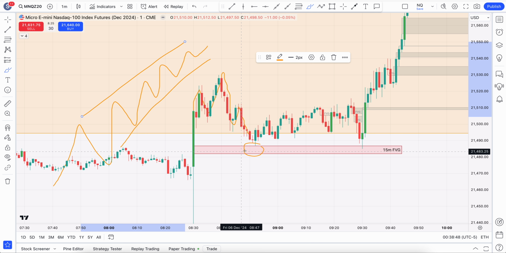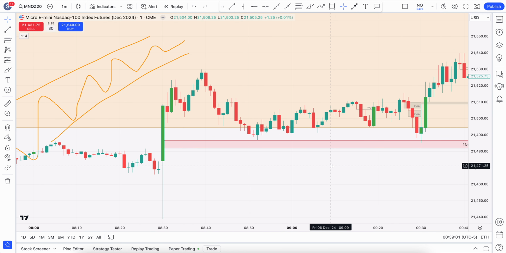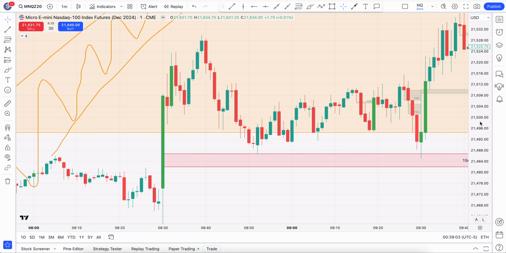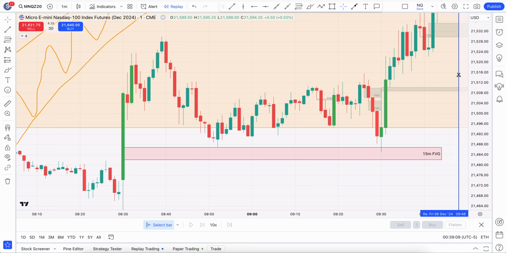So if price comes here and then gives the right kind of reaction, then of course we'll be interested to buy. So what do we see? Price comes back down here, and price gives a reaction out of it, but I'm not satisfied. Why I'm not satisfied, I'm gonna share with you.